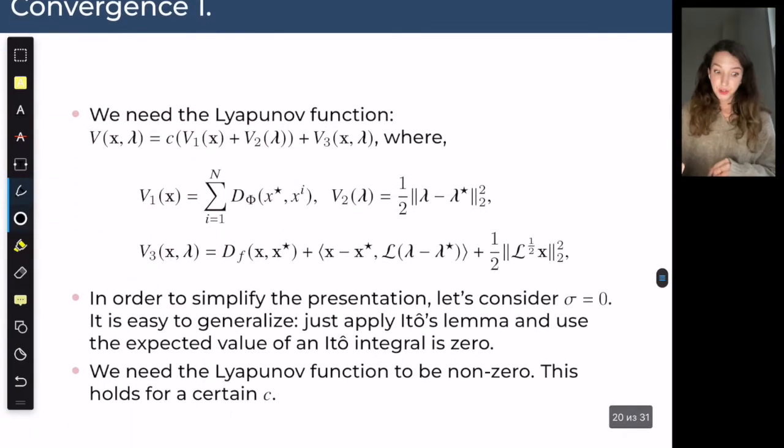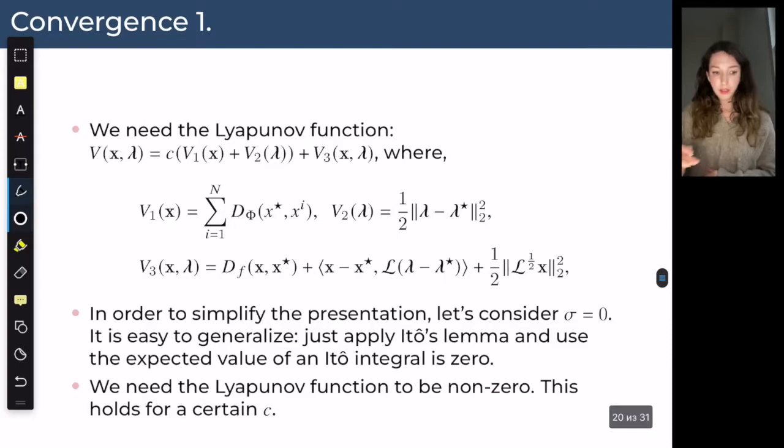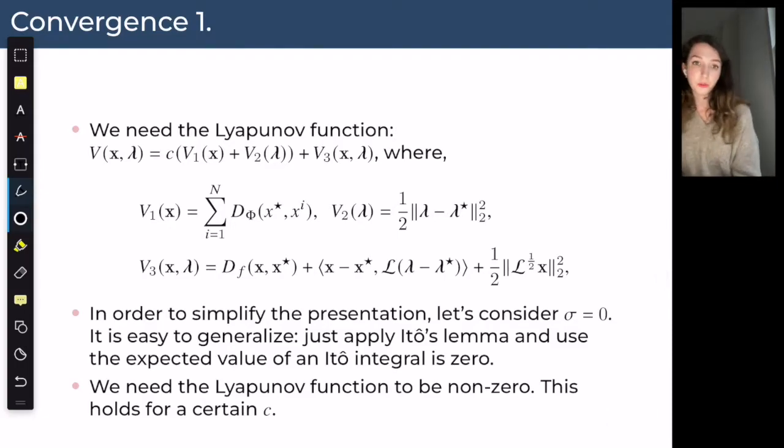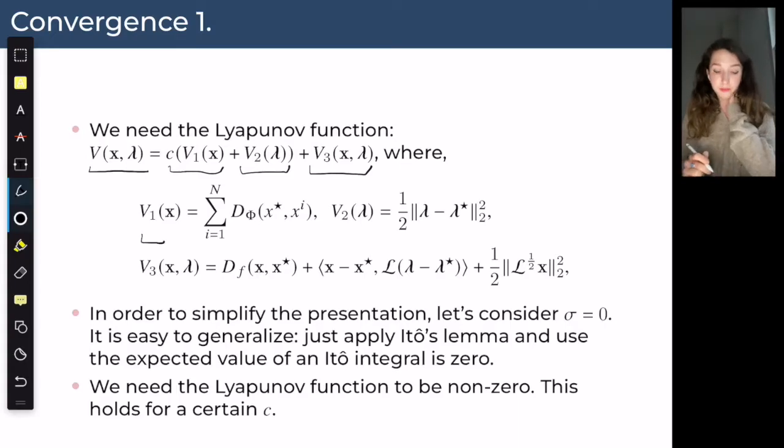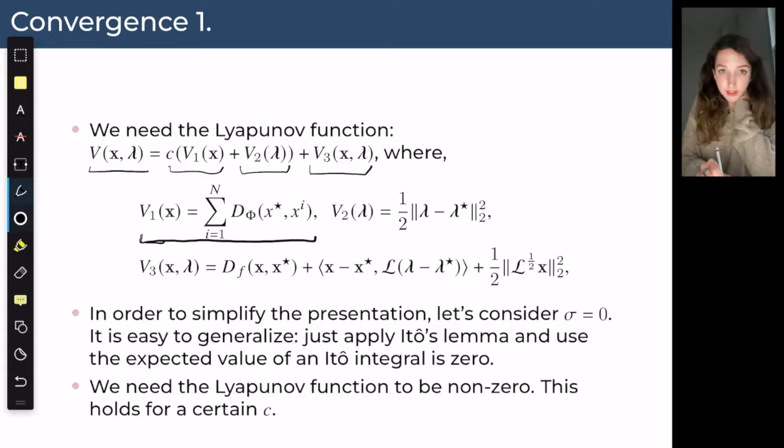So let's try again. What we want is again to define some kind of Lyapunov function, which will then allow us to conclude convergence. And in this case, the Lyapunov function is a little bit more complicated than we had before. Our Lyapunov function V is c times V1 plus c times V2 plus V3. Our V1 is defined in a way similar to what we had before.